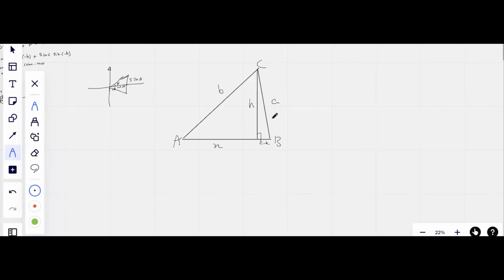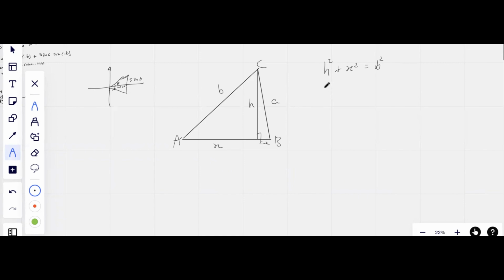It's an effective tool in many proofs in mathematics. Using the Pythagoras theorem, we find that h squared plus x squared is equal to b squared.